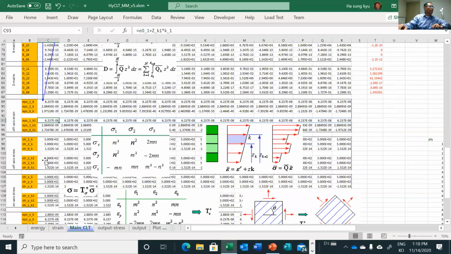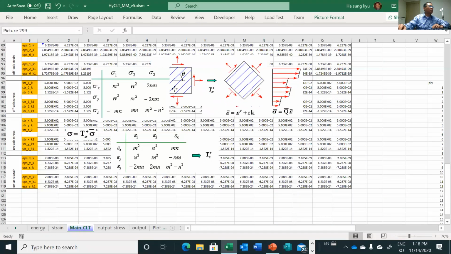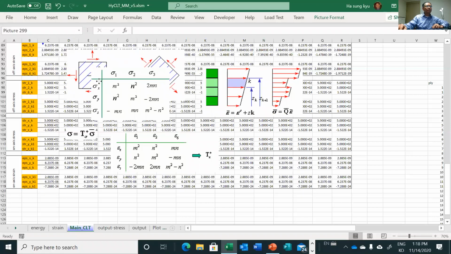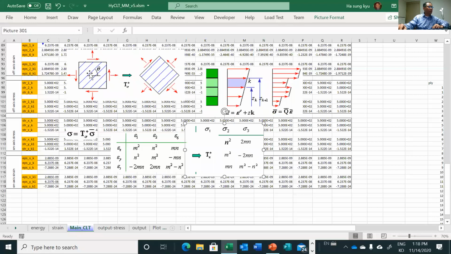Okay, so that is the off-axis strain. You know, off-axis strain is these things. Now what we would like to do is to calculate the on-axis strain, the strain along the fiber and transverse direction, and shear strain.